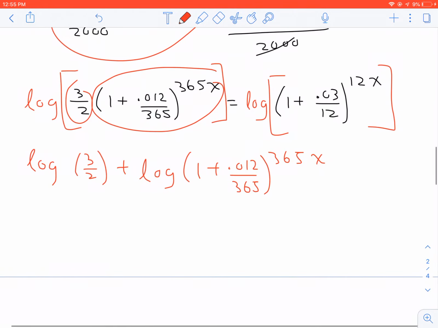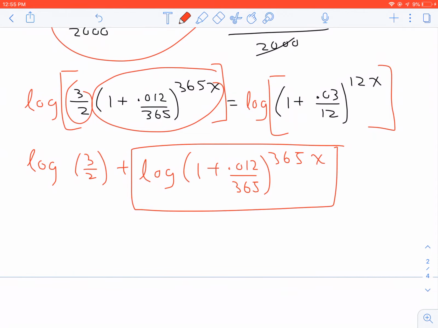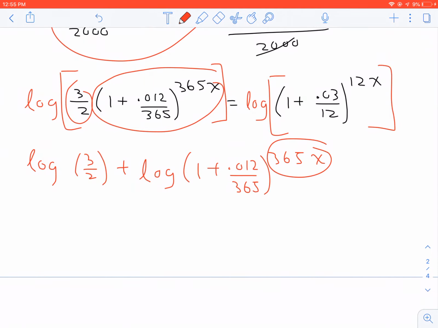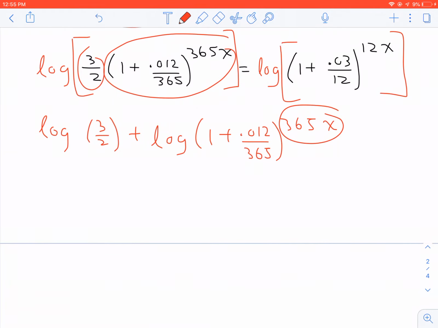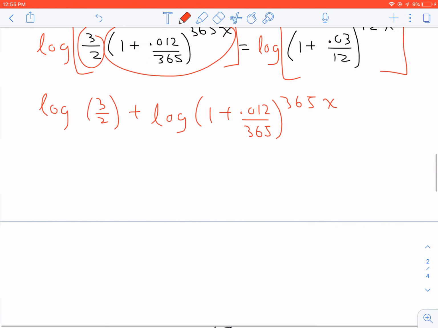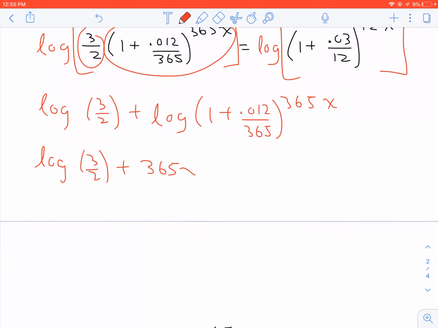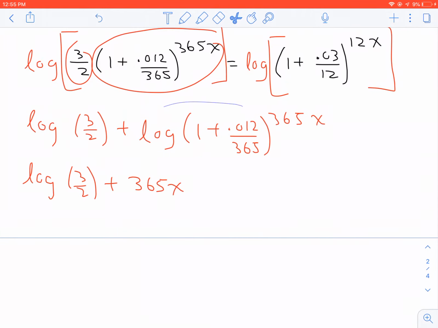Now for just this log, I can use the power rule and bring the exponent to the front. So just working on the left side, this becomes log of 3/2 plus 365x log of that.